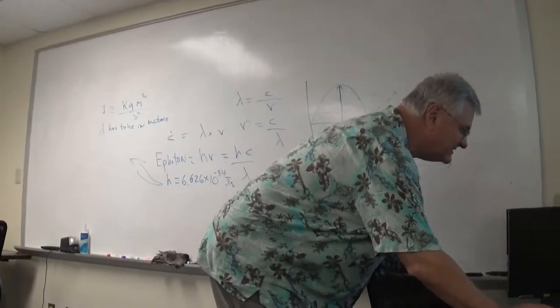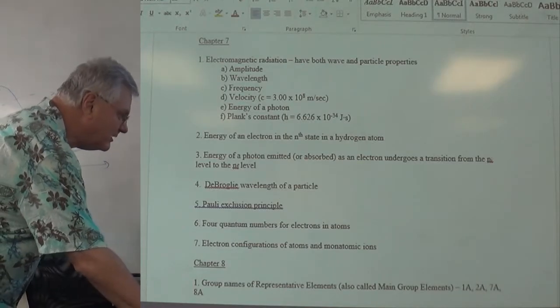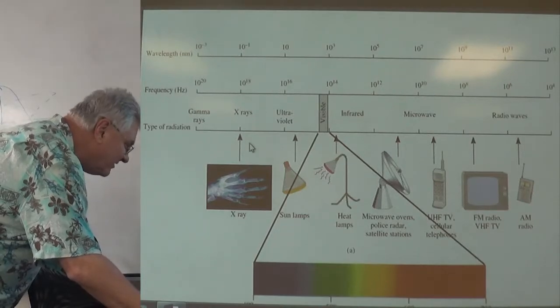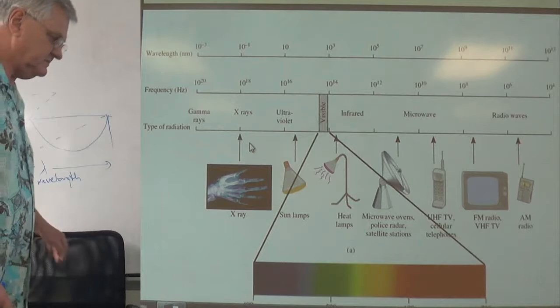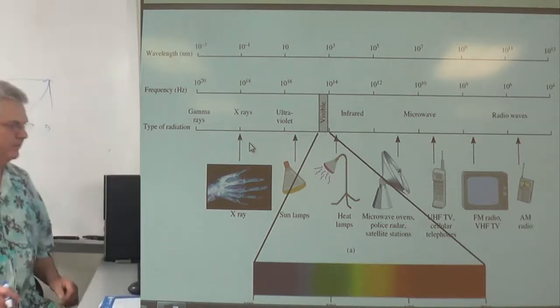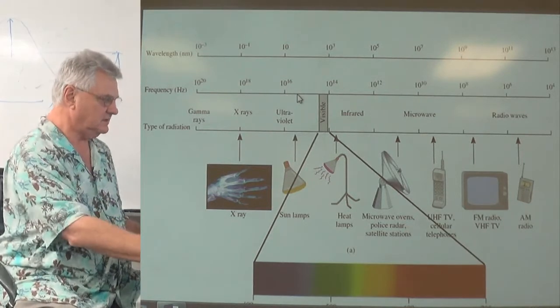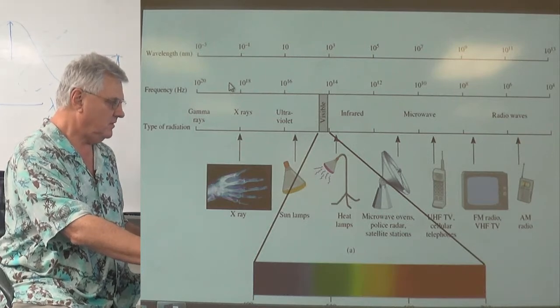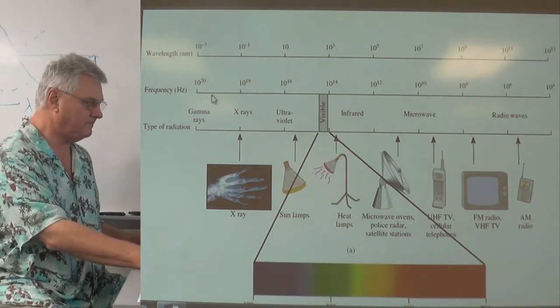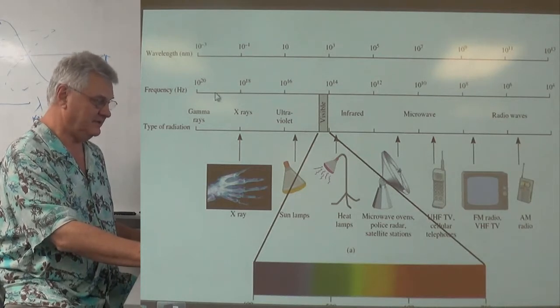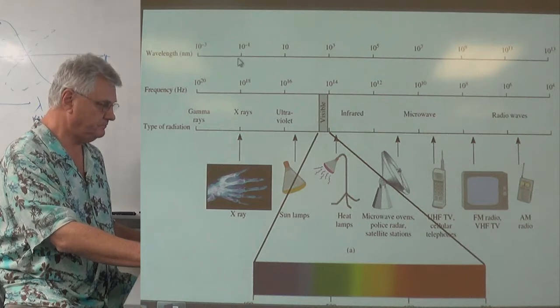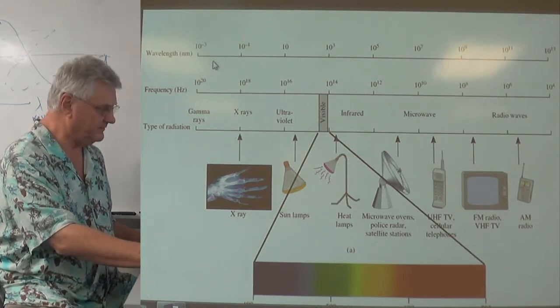We also encounter this issue when we look at the de Broglie wavelength. Now, we're just reviewing today, obviously. We already mentioned that here's the electromagnetic spectrum. The higher the frequency, the higher the energy of the photon, and then the shorter the wavelength.